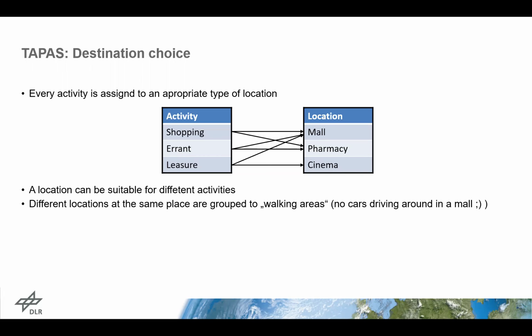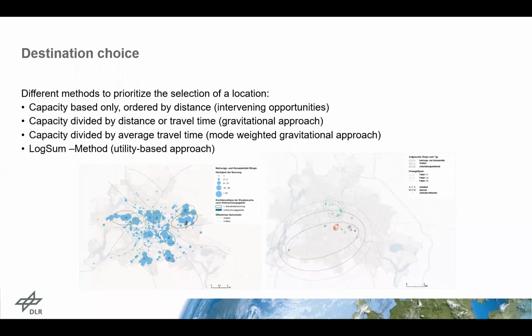If you have this mapping from activities to locations, you have to look at where your people can go. And this is quite complicated. That's why I have only some slides, which show the accessibility of shopping locations. But it tries to emphasize the problem over here, because if you're at your home, we actually do not know where you want to go.